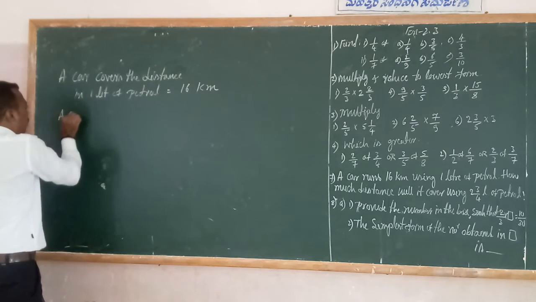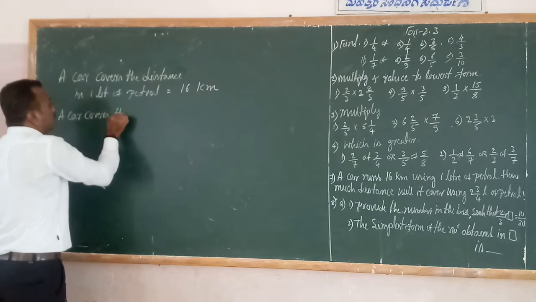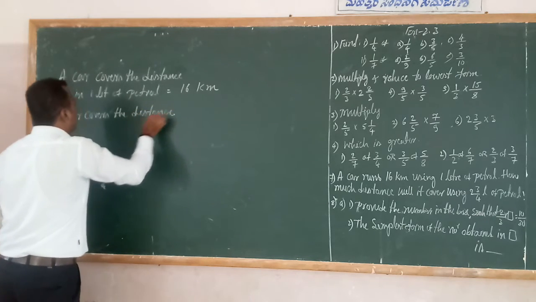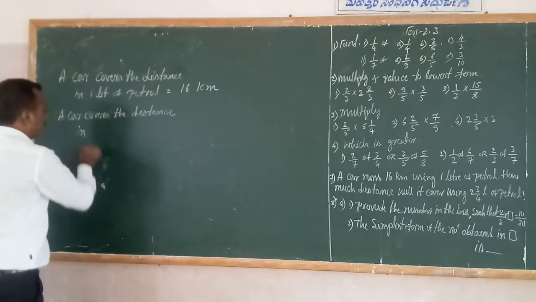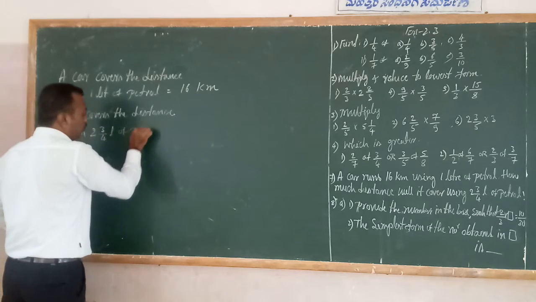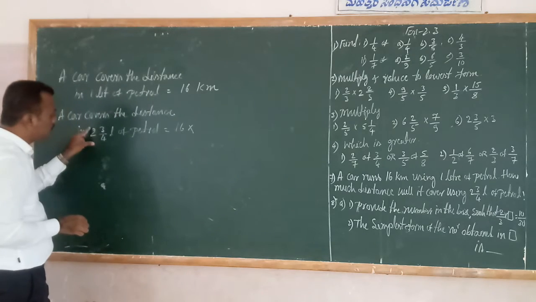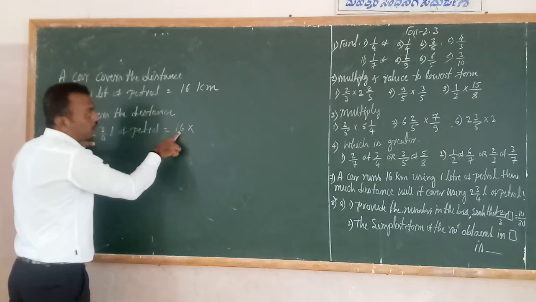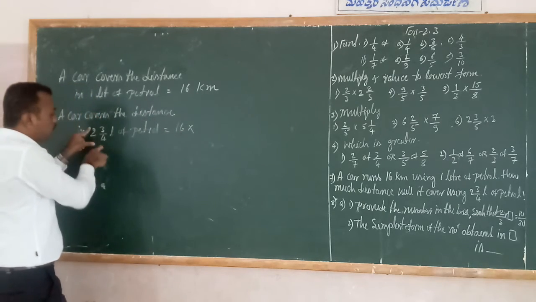So the distance the car covers in how much petrol? 2 3/4 liter of petrol. It is equal to 16 into 2 3/4 liter. So 16 kilometer is for 1 liter of petrol, and for 2 3/4 you have to multiply.